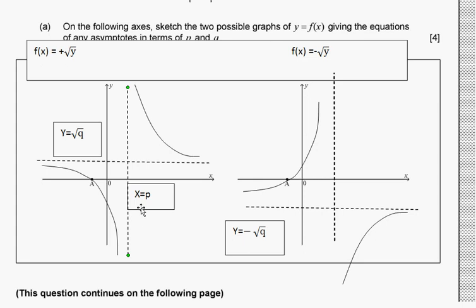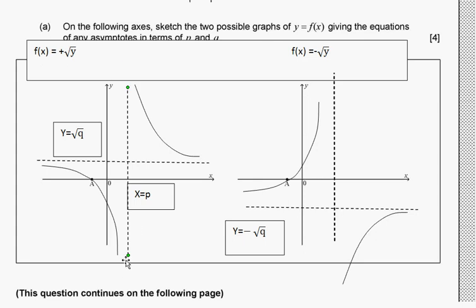Now we have negative asymptote, and we can construct this using function minus with minus. So positive becomes negative, negative becomes positive, and positive becomes negative. So we get this function.